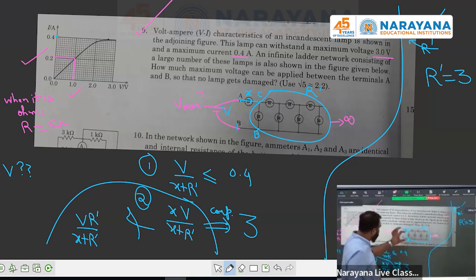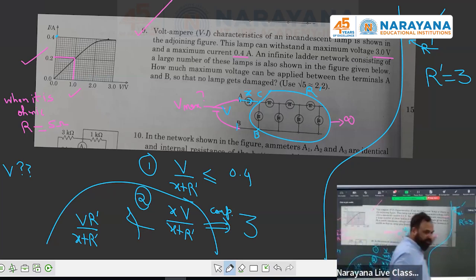So what we are trying to say is we are trying to ensure that this voltage is less than equal to 3. So all of them will be further less than equal to 3. This is also less than equal to 3. And if from these two we can write one of them less than equal to 3 such that the other one is justified, then our point is even simpler because you have already calculated R prime.